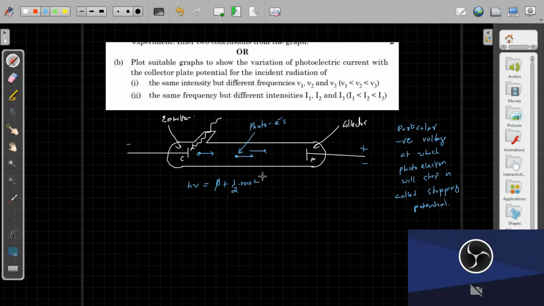So this is the stopping potential, which we will see.